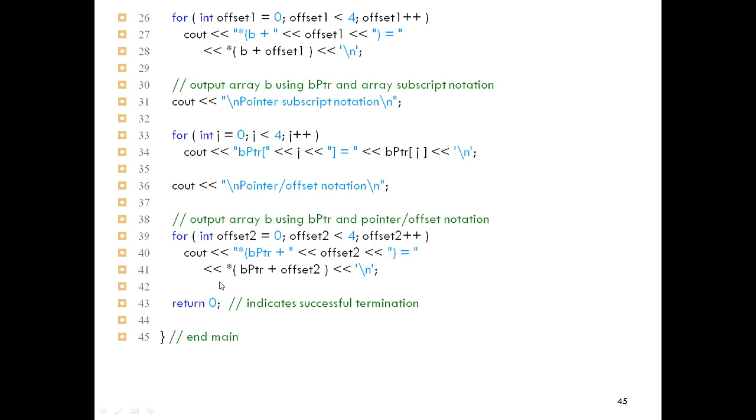Then this is a pointer itself. This is an array, but this is the pointer itself, also using the offset to move the pointer position forward and print out. You can also do that backward if you want, depending on the situation.